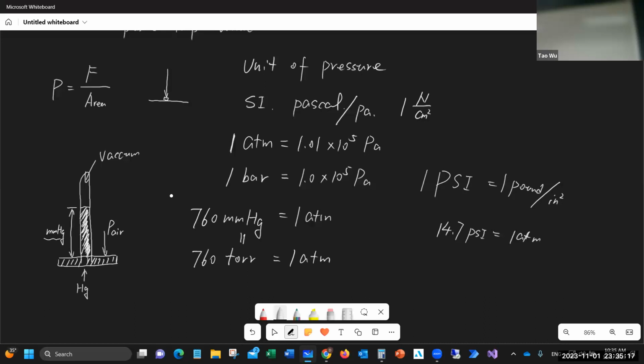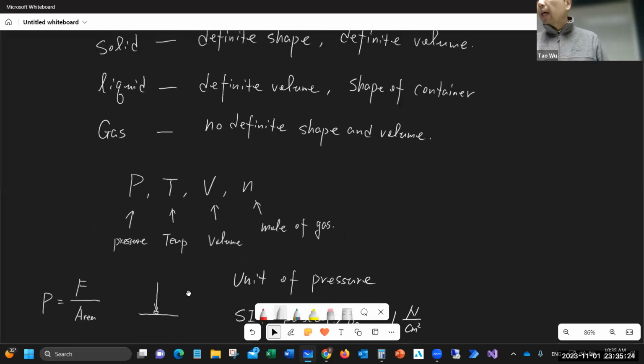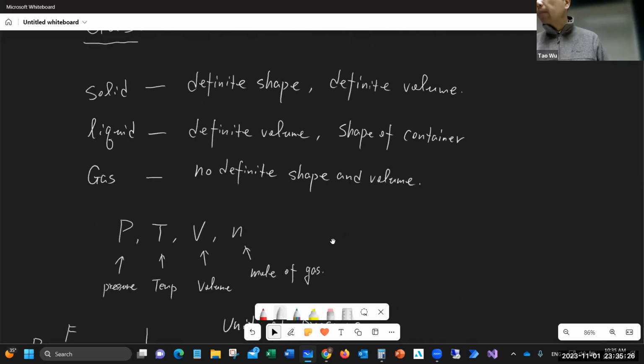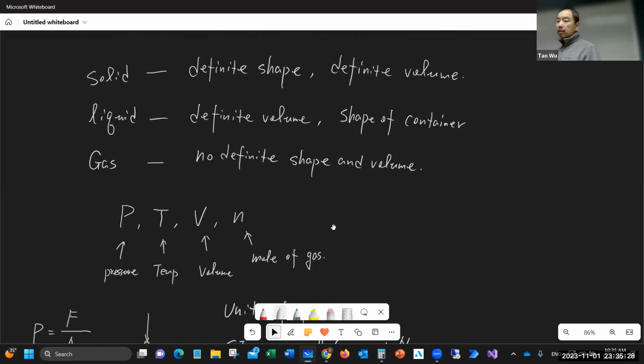Okay, so here are the units for gases. And then I would like to talk a little bit more about gas, liquid, and solids. Every pure substance is going to have 3 different phases, right?